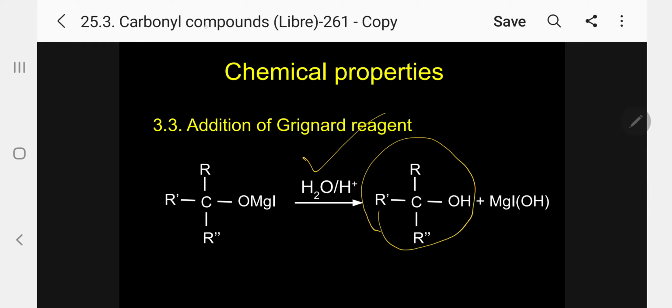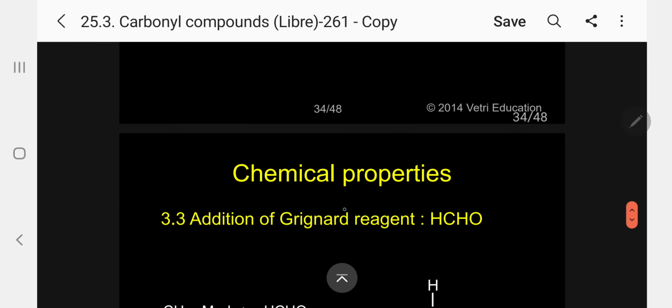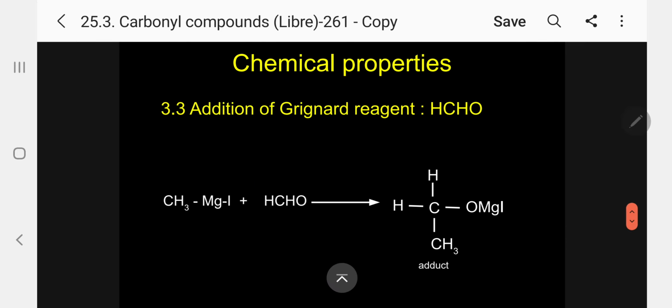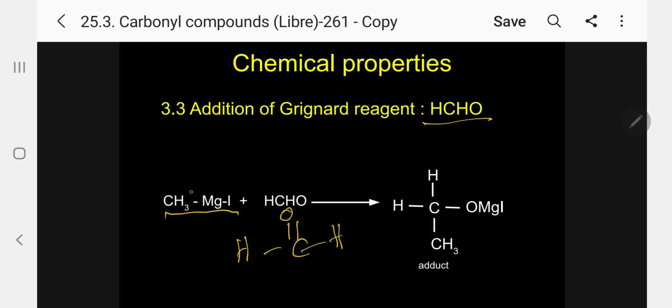This is general. So we will concentrate now specifically on aldehydes. First we will go for formaldehyde and the specific reagent methyl magnesium iodide, the simplest member commonly used in the laboratory. What is happening? In the Grignard reagent, CH3 will be minus, and in the double bond, it will be O minus, C plus.